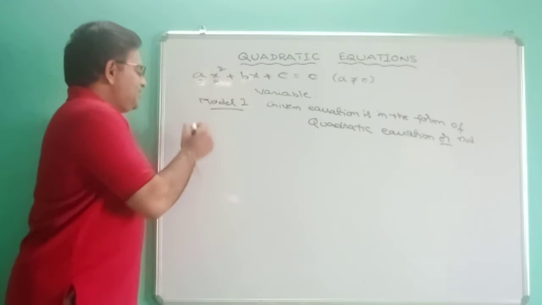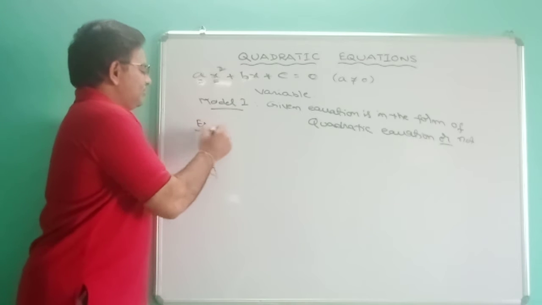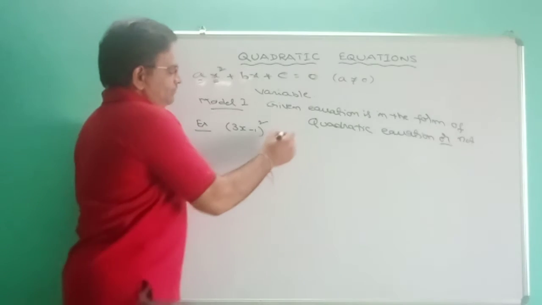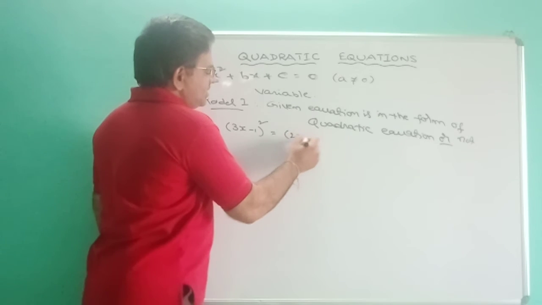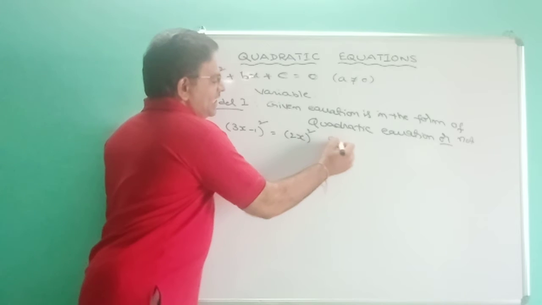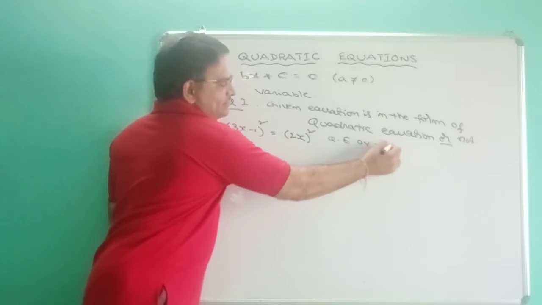How to check that? For example, 3x minus 1 whole square equal to 2x whole square. Is it in the form of a quadratic equation or not?